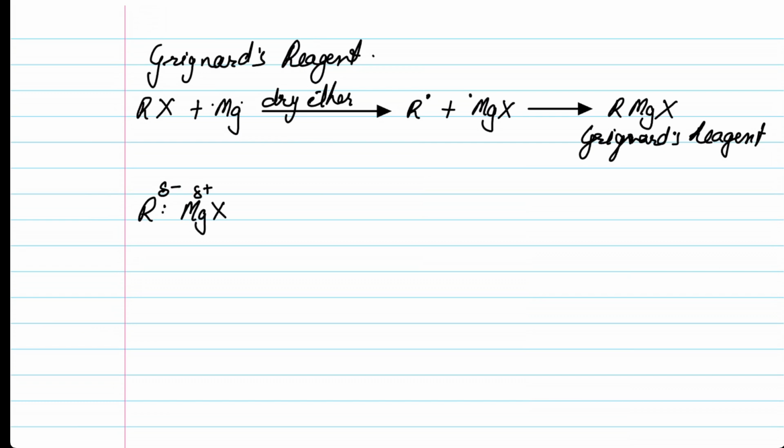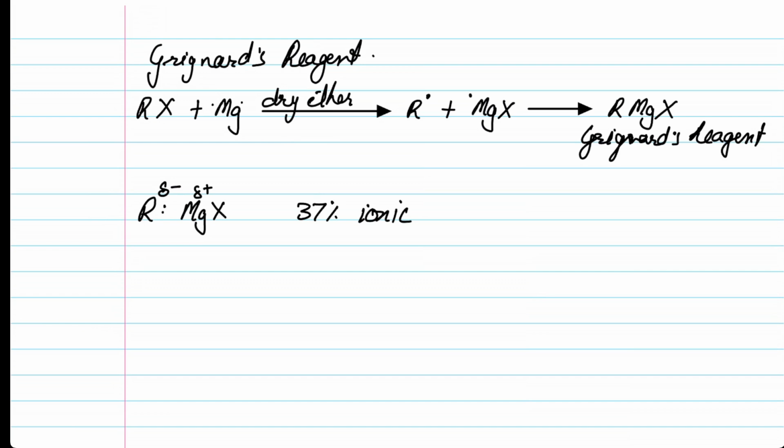When we talk about the electronegativity difference between carbon and magnesium, we find that this particular bond does have some ionic character. In fact, it is 37% ionic. Now, 37% ionic would mean that the bond is actually covalent. Yes, the Grignard's reagent is not an ionic compound, it is a covalent compound having 37% ionic character.